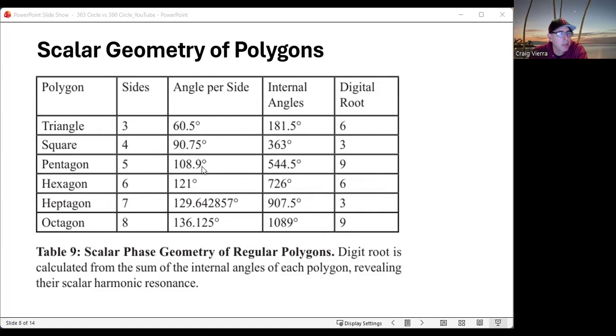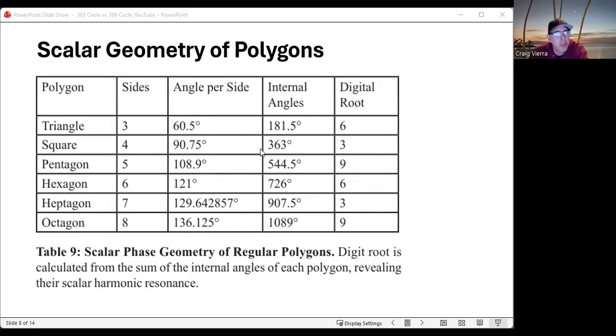The pentagon is 108.9, the hexagon is 121 for these internal angles. The heptagon is 129.6428571, and the octagon is 136.125.